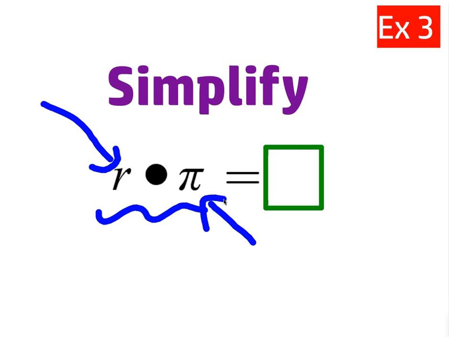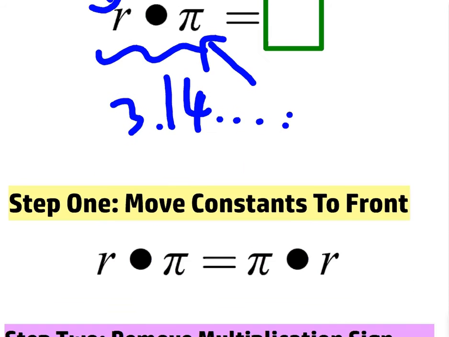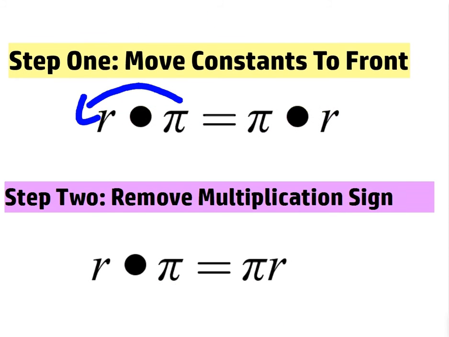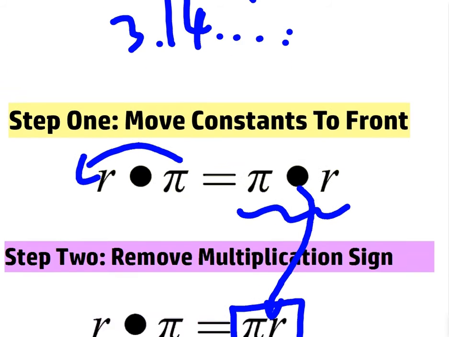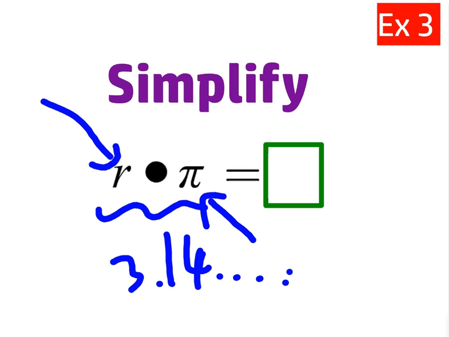And pi is a constant, 3.14 forever. So what we need to do, just like last time, is move the pi out front, and then we have pi times r, and then eliminate the multiplication sign, so the answer is pi r, which means pi times r. So r times pi is equal to pi r.